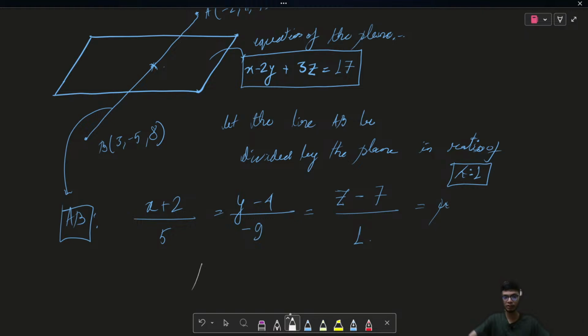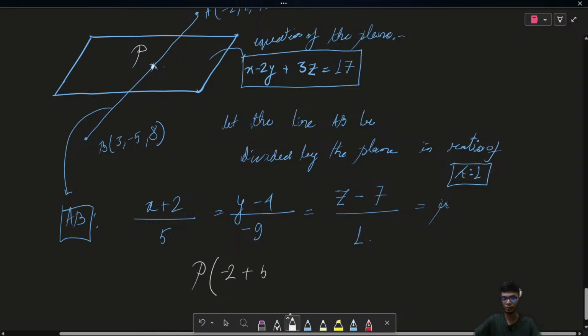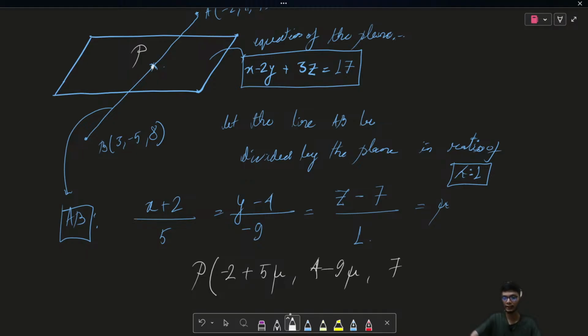So if I need to get this particular point, which lies on the plane, say P, this point can be given in terms of parameter mu as minus 2 plus 5 mu, 4 minus 9 mu, and 7 plus mu, right?